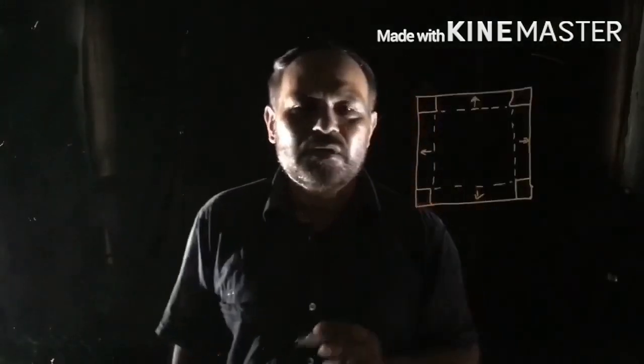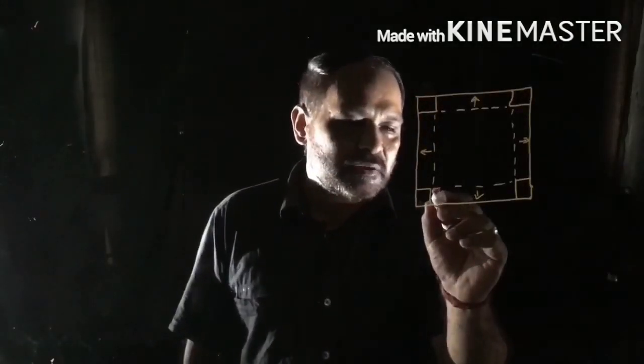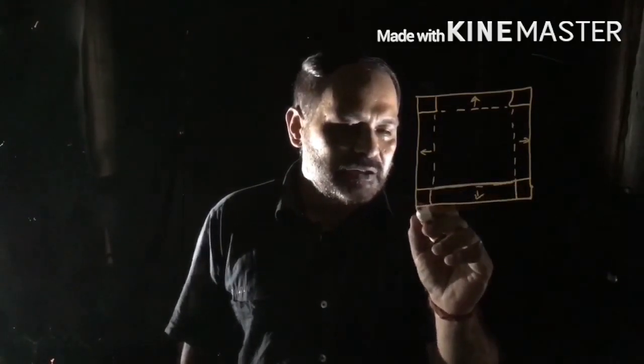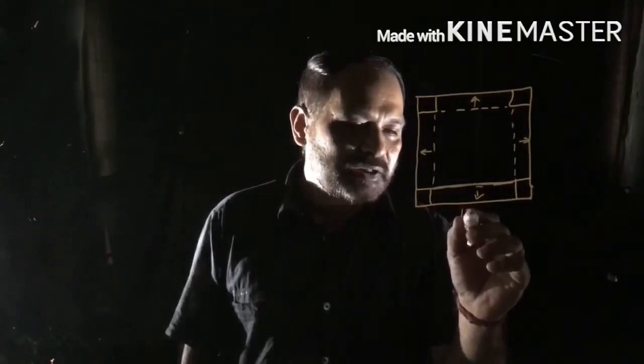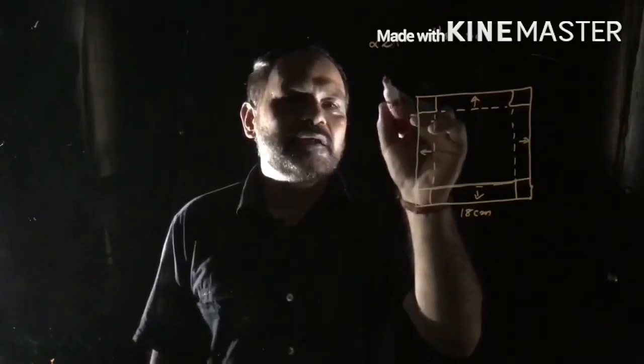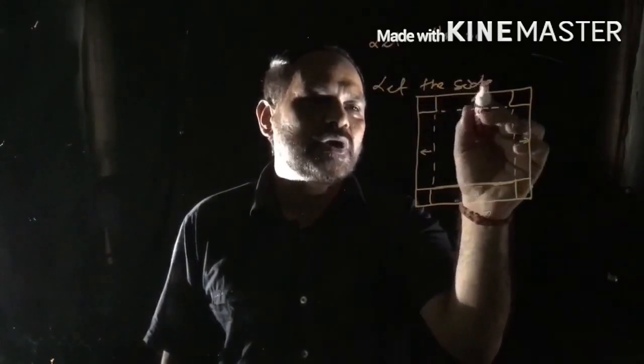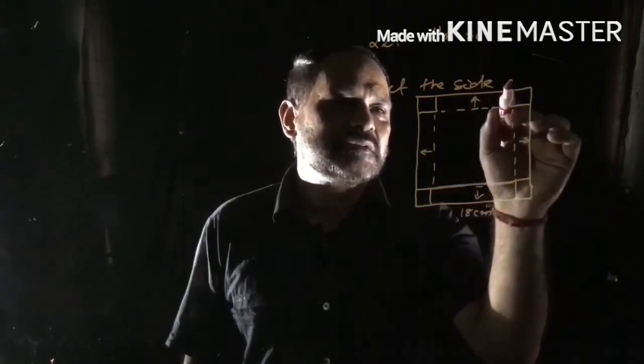Now tell me, what is the length of the open box? Given a square piece of 18 cm, let the side of the square to be cut off be x.